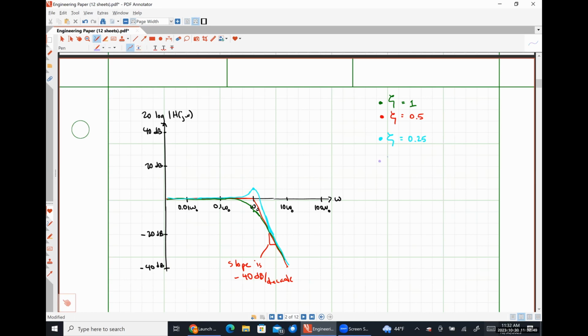So for zeta is equal to 0.1, we had about 13 decibels. So that's about right there. For zeta is equal to 0.05, we had 20 decibels.